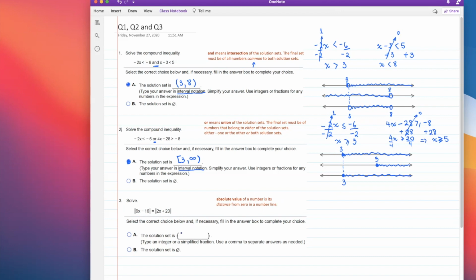And it represents the distance of that number from 0 in a number line. So the distance is always positive. It doesn't matter if your number is on the left or the right. So if I have a 0 here, and here I have 3, and here I have -3, both have a distance of 3 units from 0.